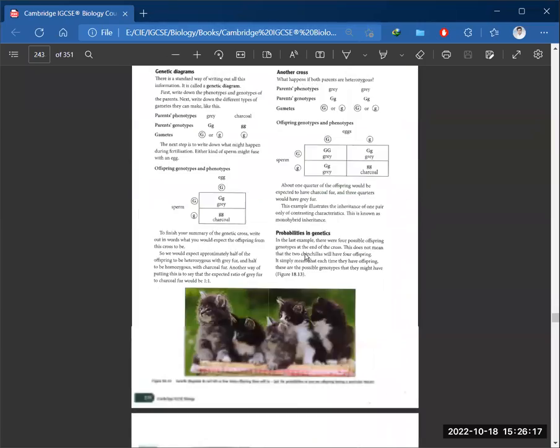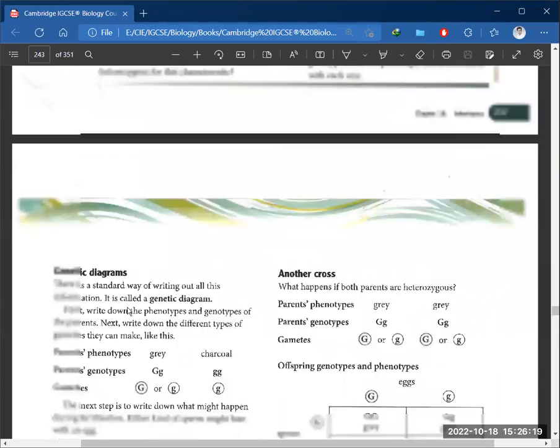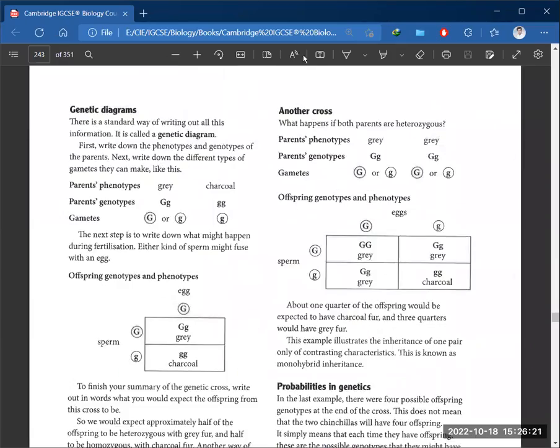Right here, let's look at genetic diagrams. Let's just start reading. There is a standard way of writing out all this information. It is called a genetic diagram. First, write down the phenotypes and genotypes of the parents.